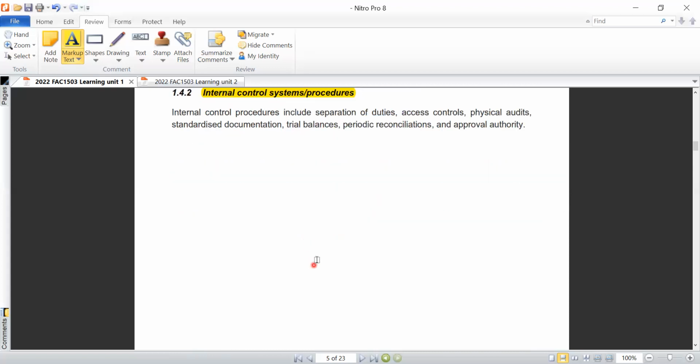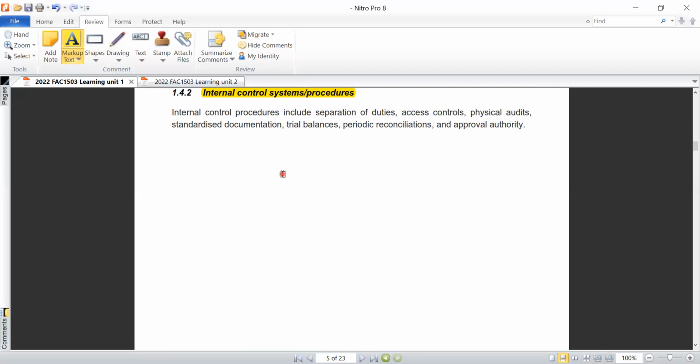Now, with these ones, automatically you know that this cannot be a built-in control. How do I know it's not a built-in control? Because a built-in control is normally something that is already pre-planned and pre-programmed under normal circumstances.